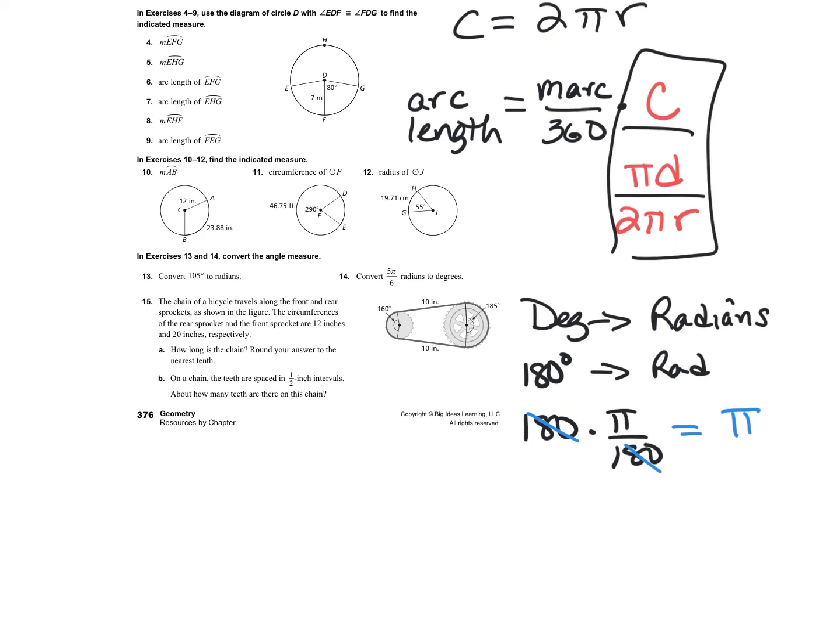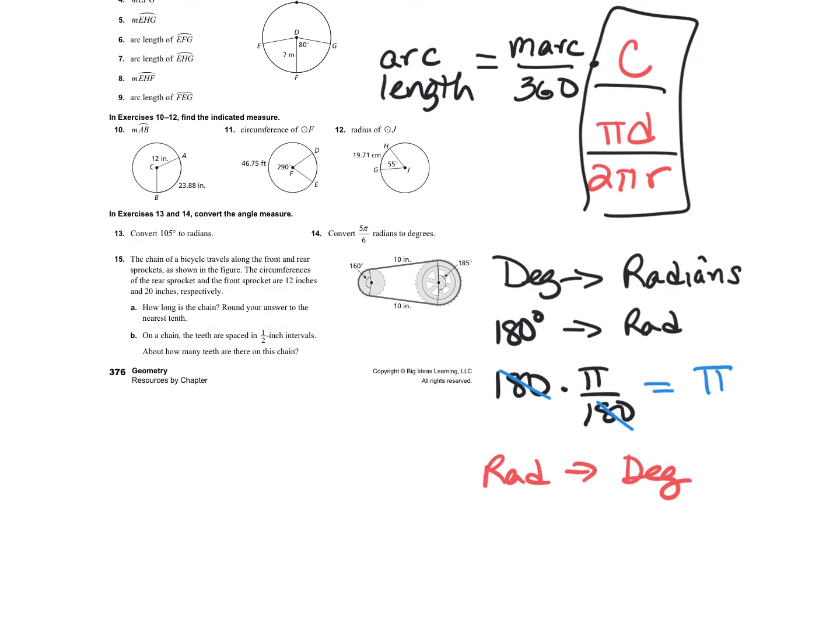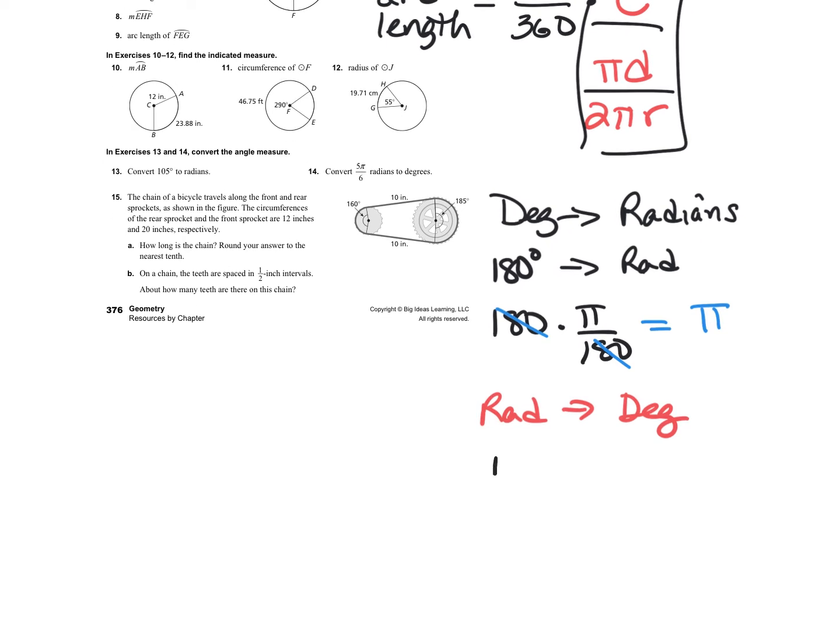If you wanted to go the other way, from radians to degrees, we flip that conversion. So for example, if I gave you pi over 4 and I asked you to convert that into degrees, you're going to multiply it by 180 over pi. You flip these.